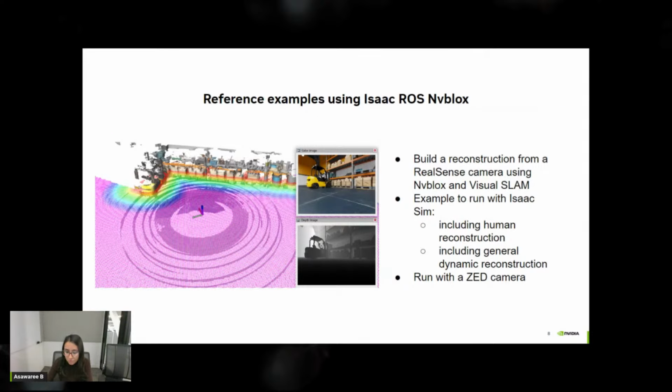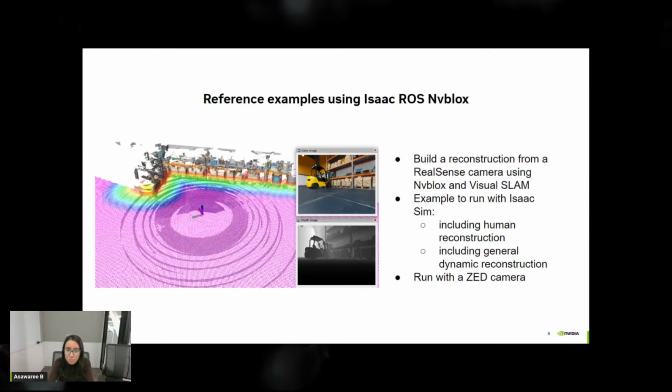Okay, so let's move on. This is really interesting. The Nvblox repository already includes a bunch of examples running Nvblox that you can try right off the bat. So let's say, for example, you have an Intel RealSense camera, there is an example available to perform reconstruction using Isaac ROS Visual SLAM and Isaac ROS Nvblox. You can also run this in the different modes that we mentioned earlier.